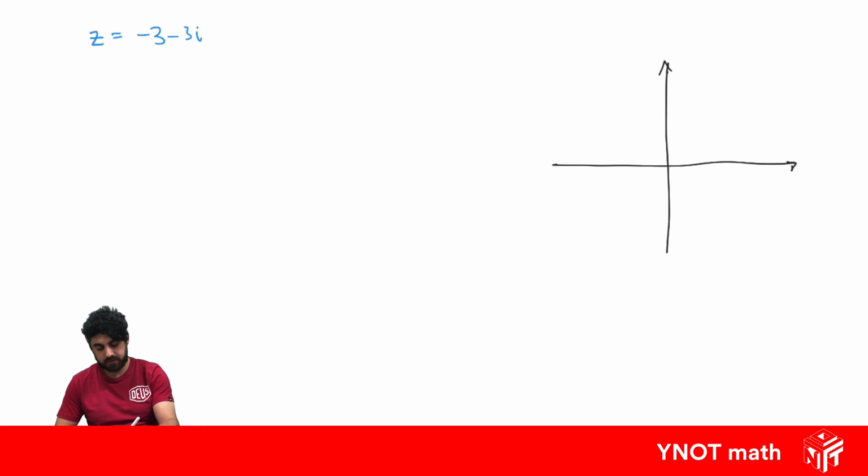So we have our real axis and our imaginary axis. And we have minus 3 for the real part and minus 3 for the imaginary part. So we're getting somewhere out here, and this is the complex number we're dealing with.